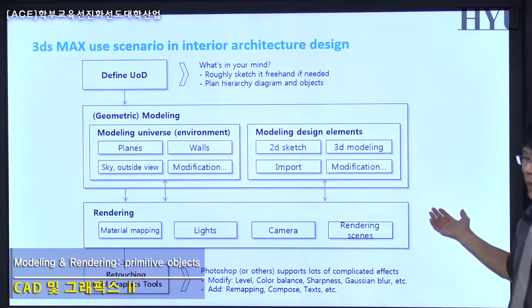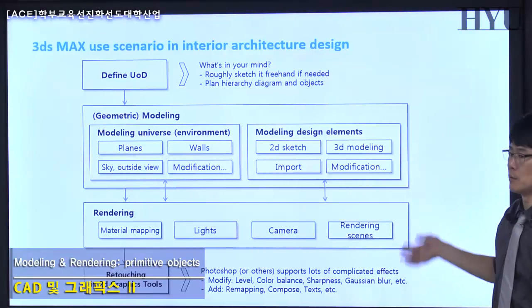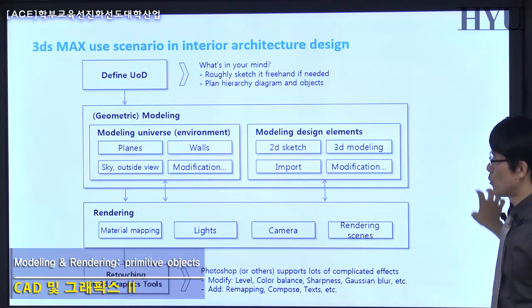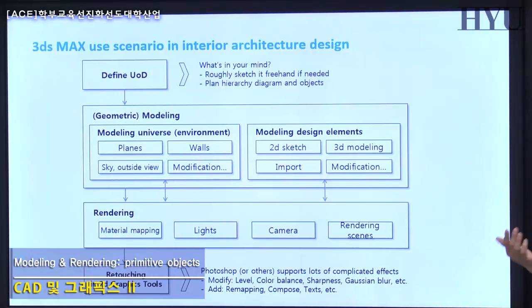If you don't have any plan, any of these mechanisms or some flow, then possibly you have to spend double the time for doing your 3D model or 3D rendering, okay? Anyway, it takes time, so for saving your time, your life, you have to plan your things first, okay?